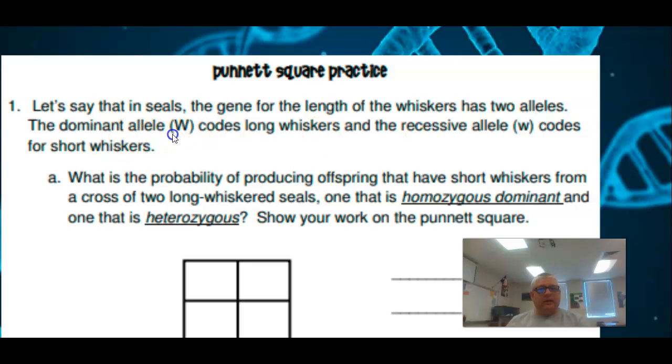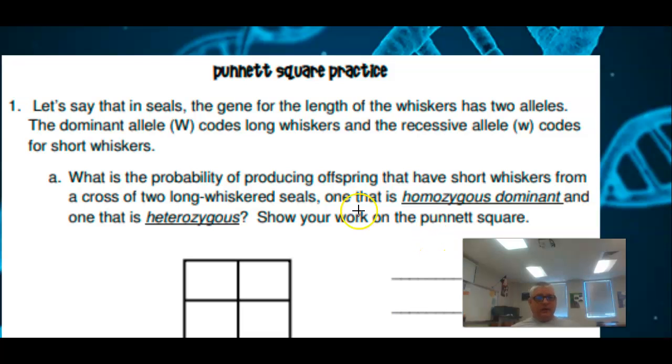It has a dominant allele and a recessive allele. The dominant would be a capital W, and the recessive would be a lowercase letter, which means it's going to be short whiskers. So with that, we can come down here and figure this out.